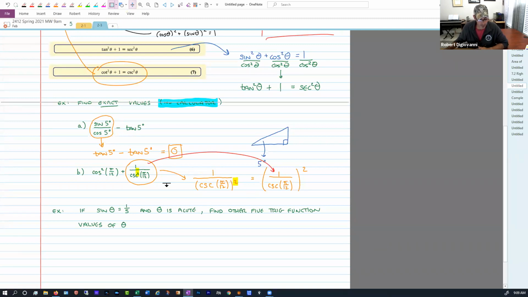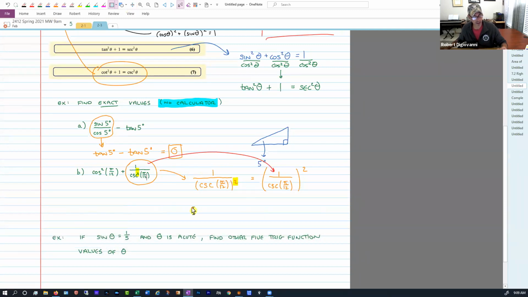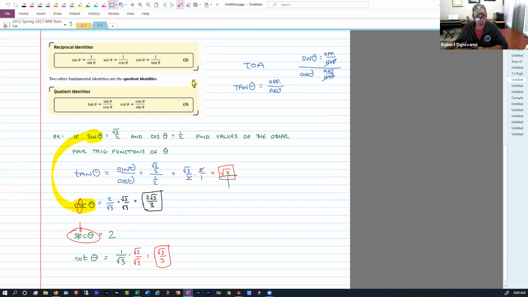What you really need to understand is that this is ultimately going to become, well, let's see, what is 1 divided by cosecant? So again, we go back to our relationships. If cosecant of theta is 1 over sine, then that means that 1 over cosecant is sine.